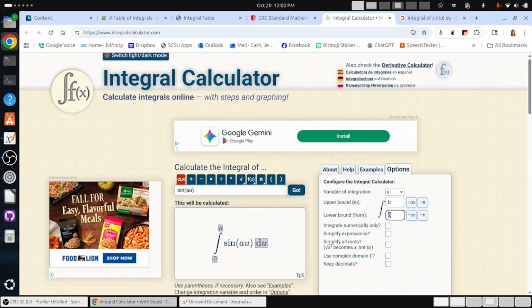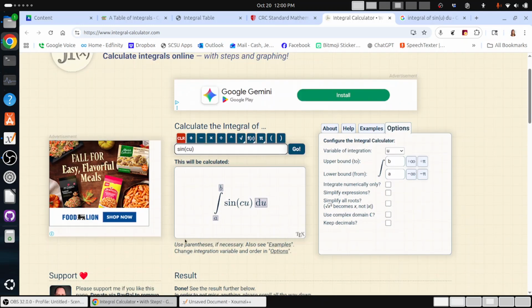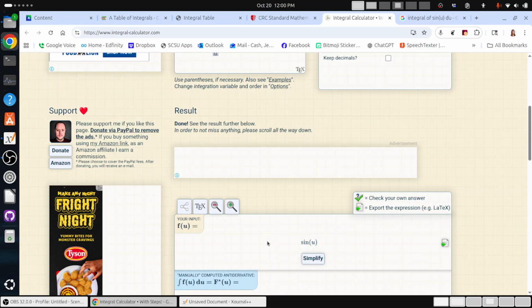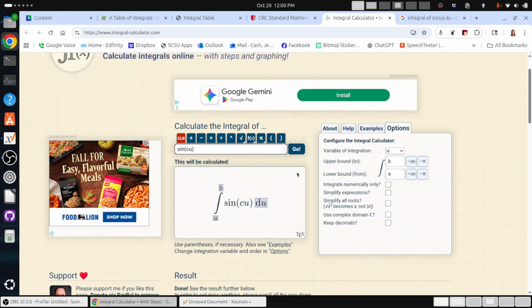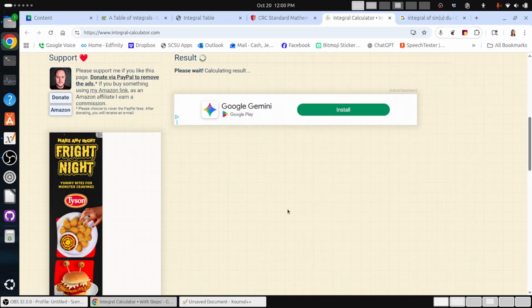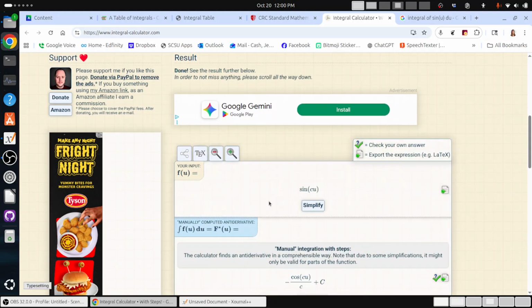Or let's just keep things the same as I had before and make this a factor of c in there. So you can set it up using the type of values that you've got. Once this looks like it's the way that you want it, then you can hit go, and it will show you what's there to be calculated.